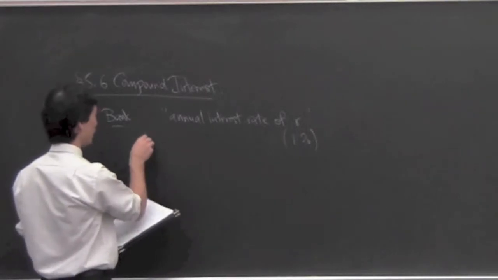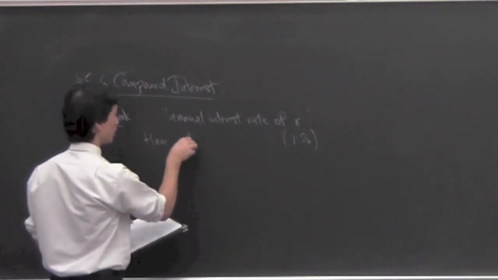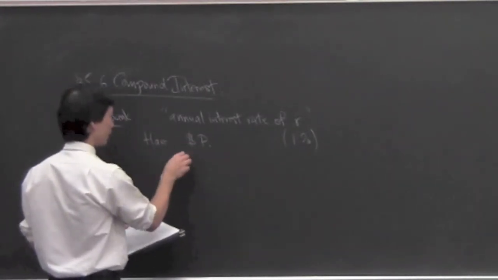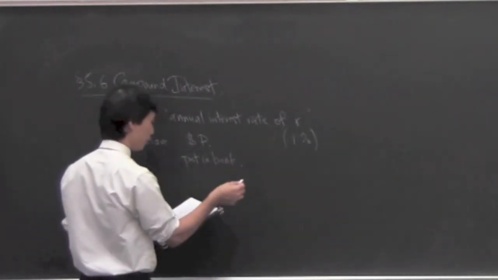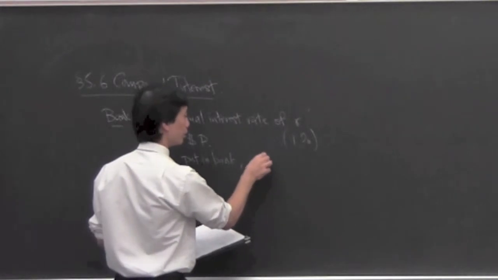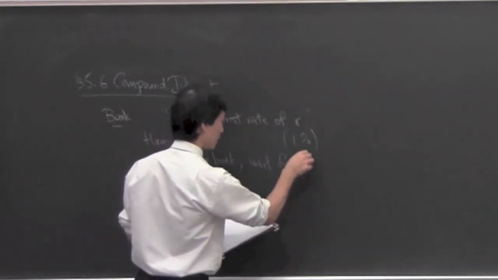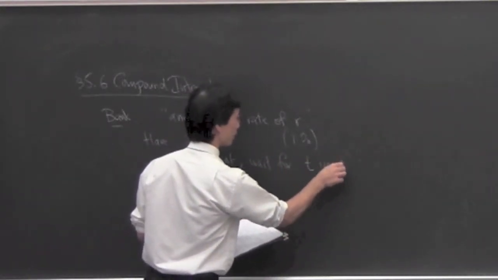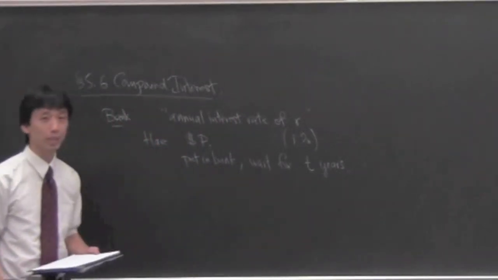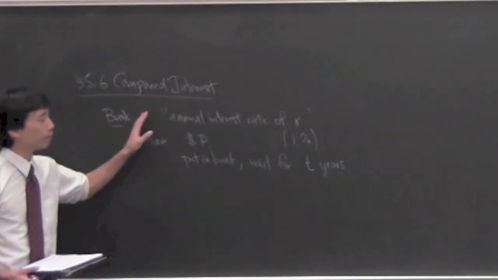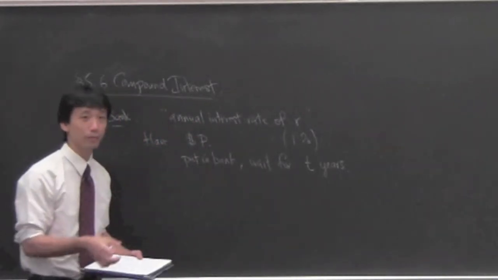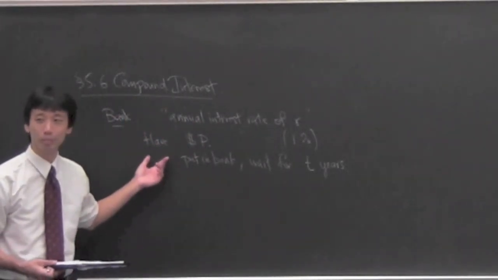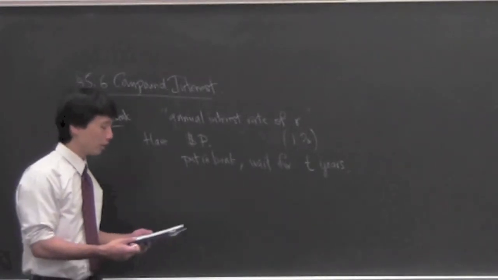Okay, and you have say P dollars, and you put it in the bank, and you wait for T years. Okay, you wait for T years. And then depending on what they mean by their interest, you'll have a certain money that comes out, and it'll be more than what you put in, right?